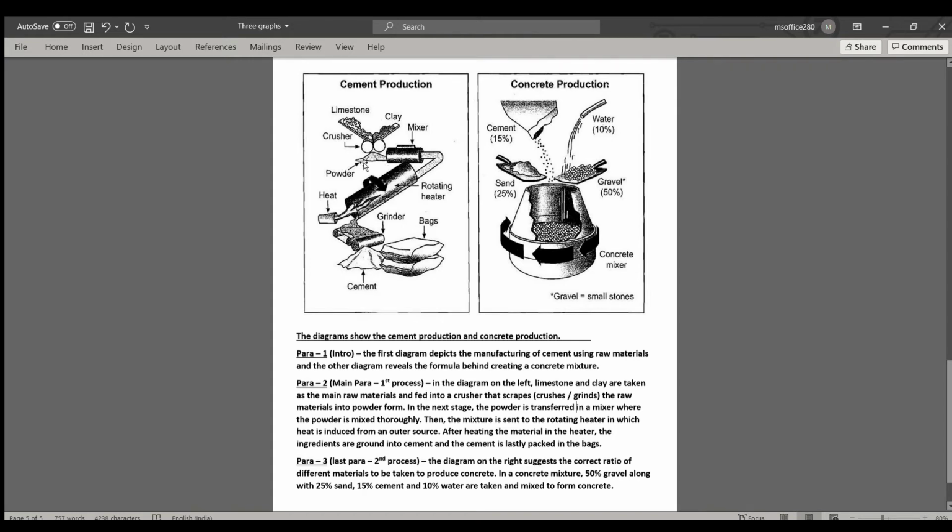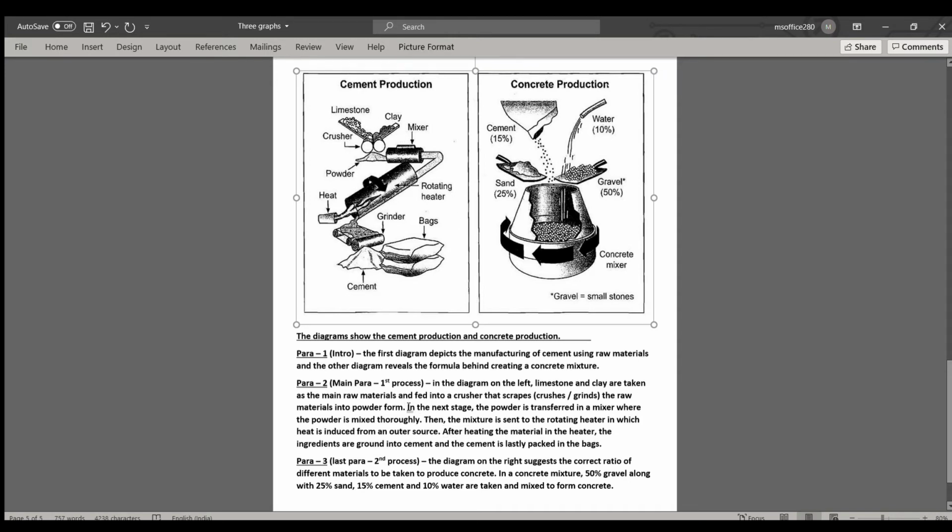Then this powder goes into the mixer. This is what I've written here. In the next stage, you remember we discussed in video number 3 or 4, in the flow chart, why using connectors is important before the start of each sentence, when you are moving from one stage to the other.